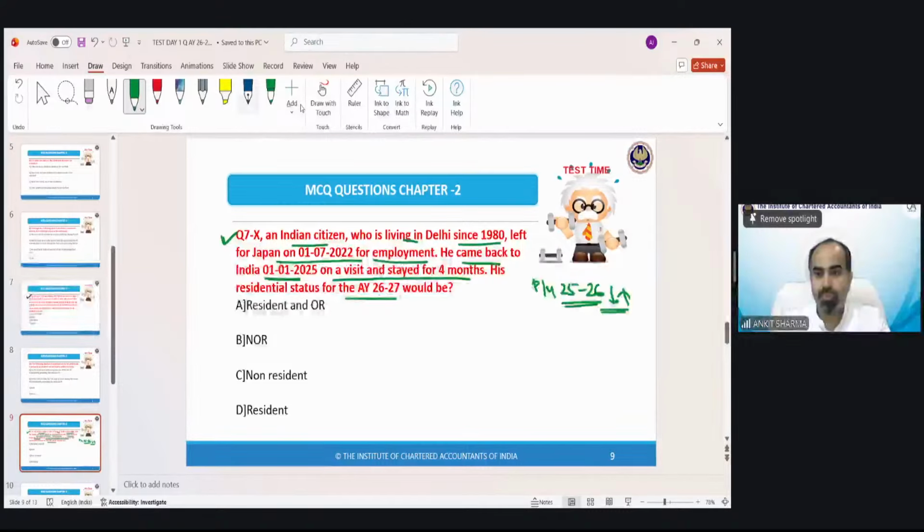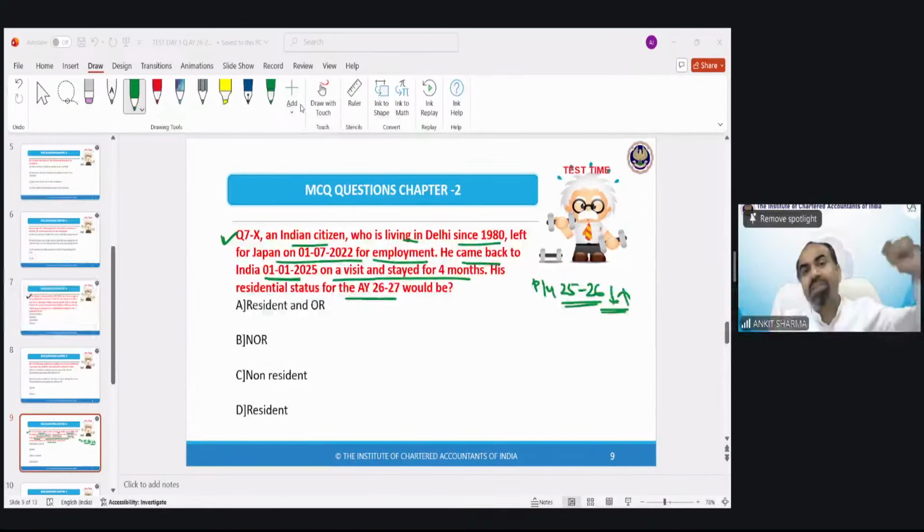So that does fall in the special condition because he was a citizen of India, went outside India, Japan for employment in the year 2022. So that means he's now settling in Japan. He's staying in there permanently.